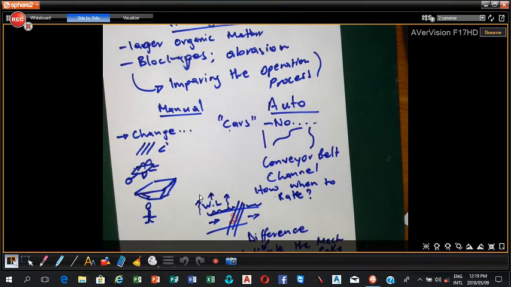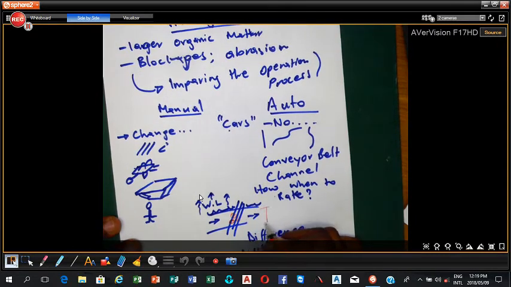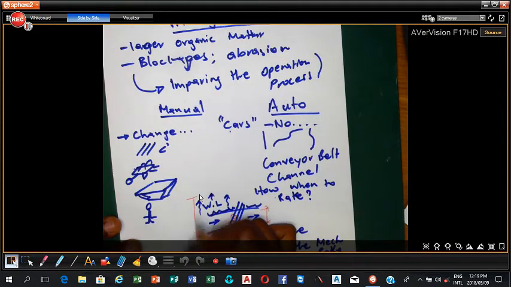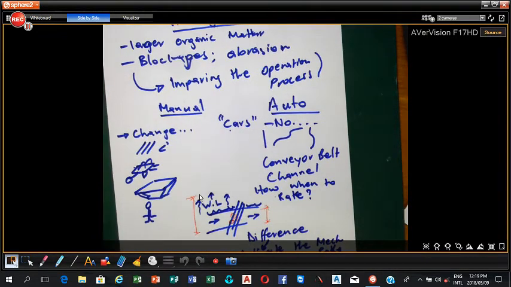Now, we need to identify the difference in level. We need to identify the difference in level of water before and after the screen, and then it gives us what needs to be done, which is, in this case, to activate the rake so that you can automatically clean your screen.